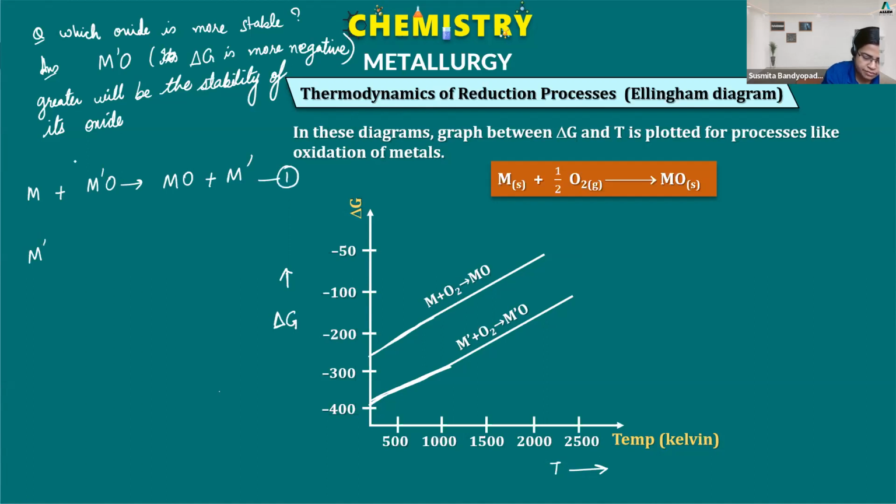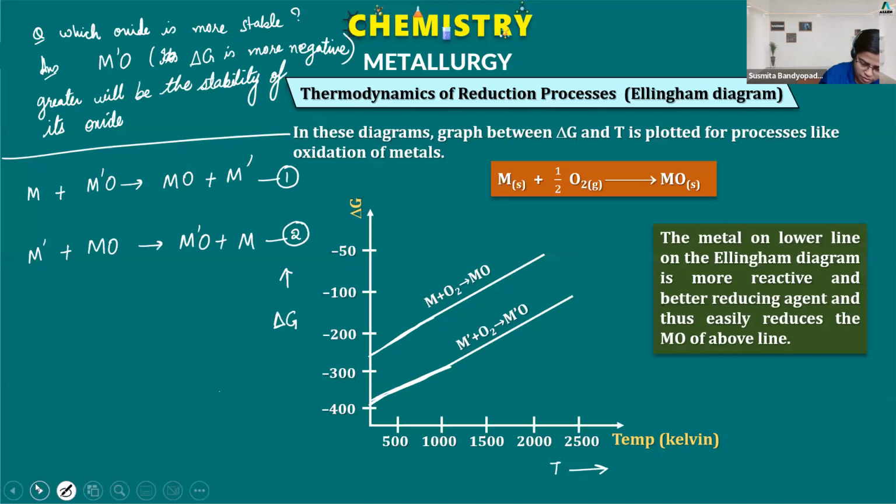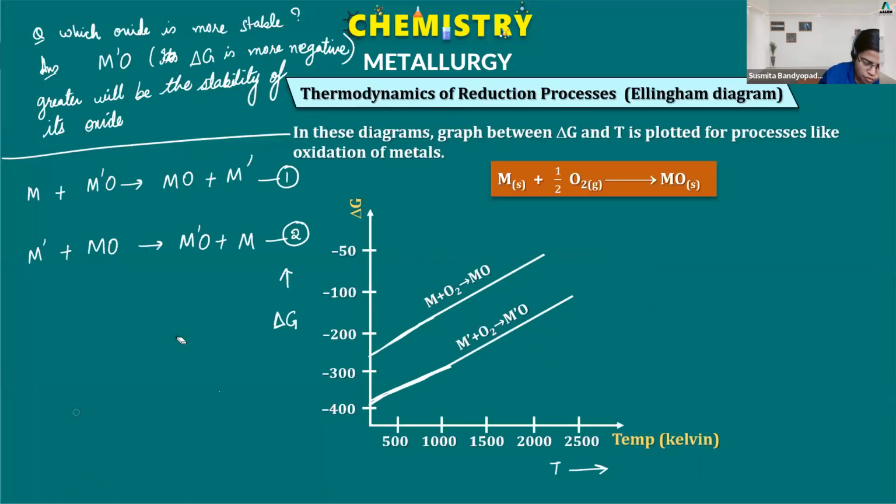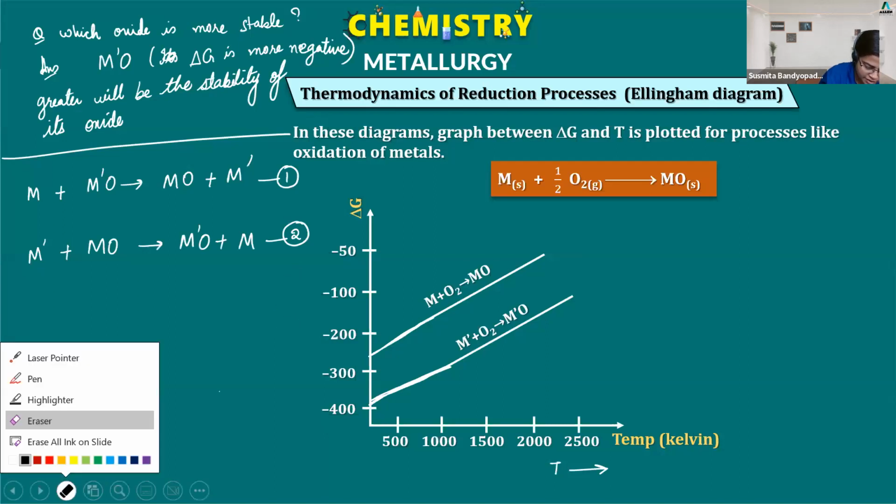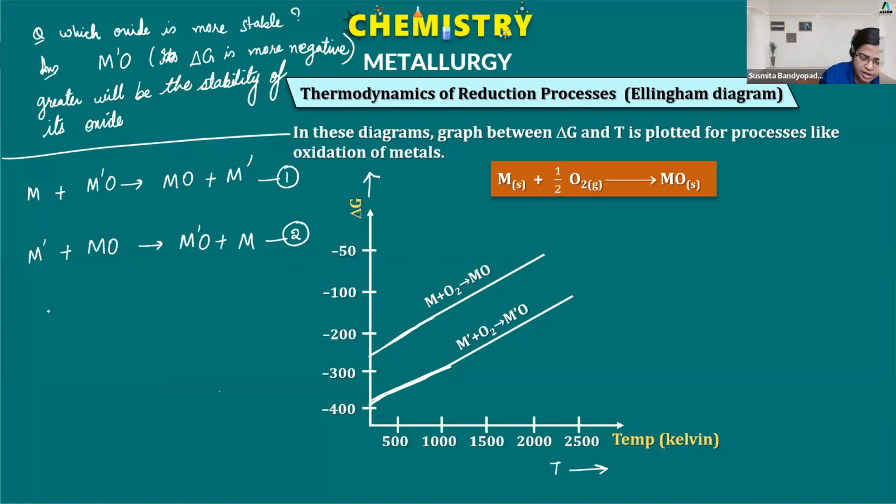Equation 2: M dash plus MO giving M dash O and M. Which reaction, delta G is already written here, out of the two is feasible, or are both feasible? Equation 1 or 2?